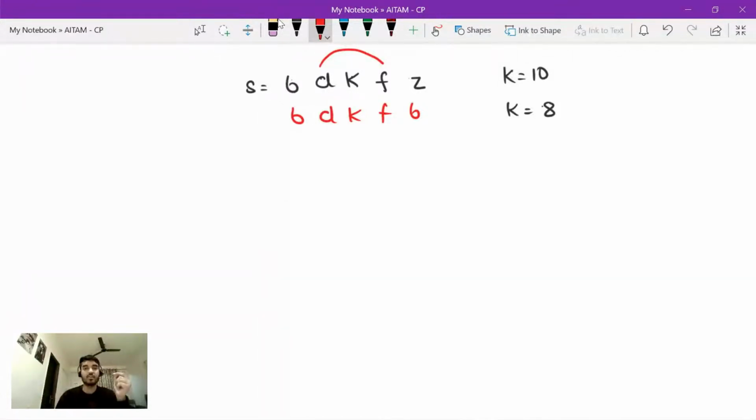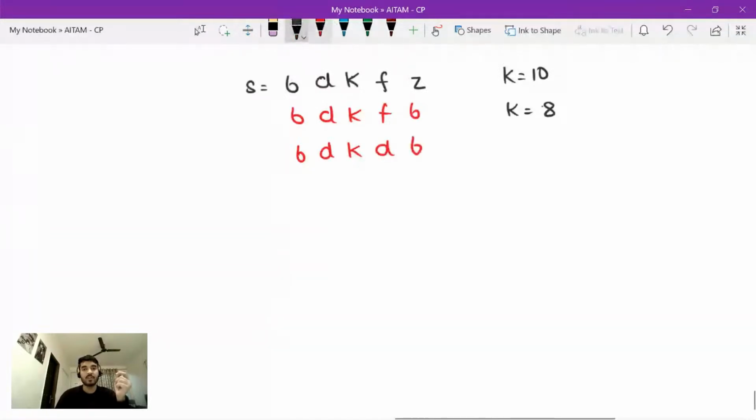That is the first condition you must satisfy. So then I will convert F to D. After this, B, D, K, D, and then here again B.